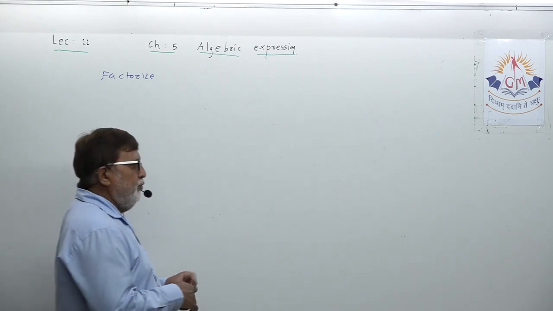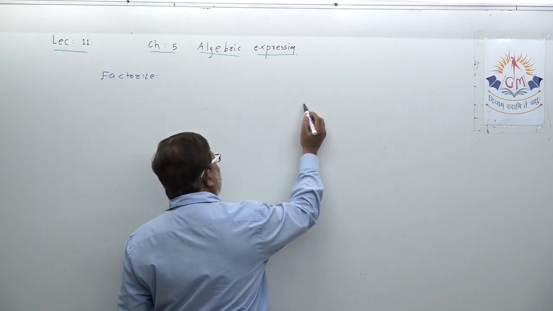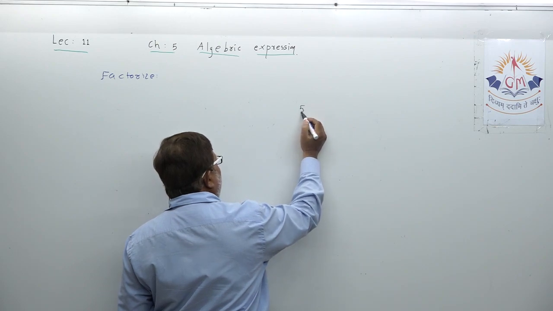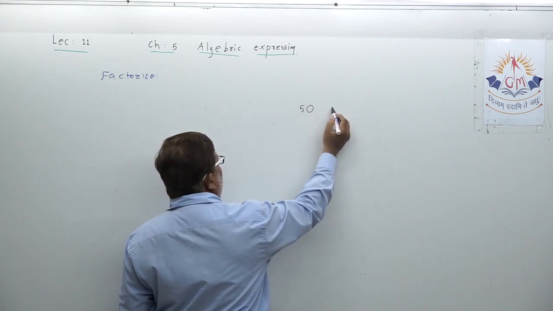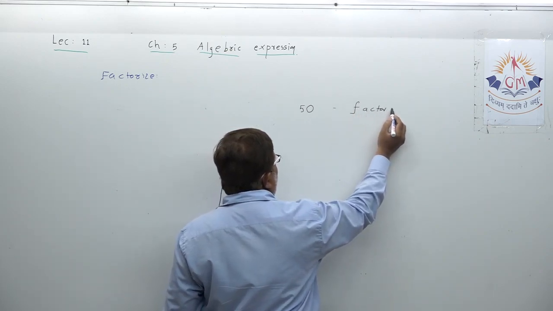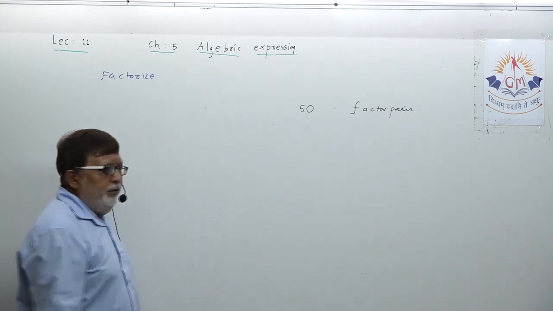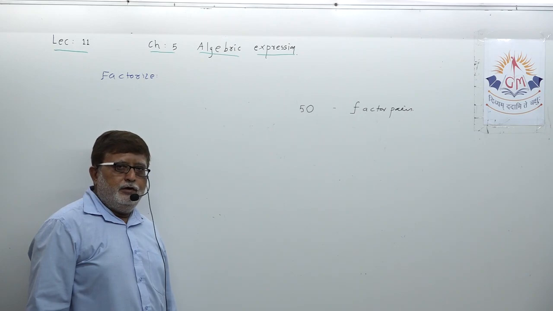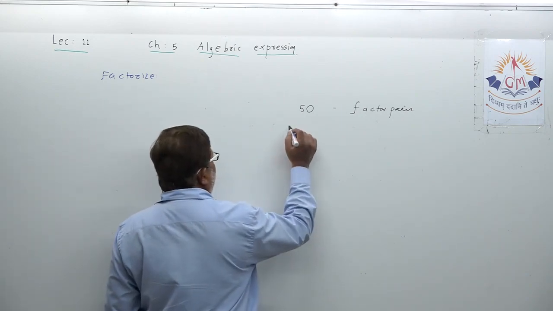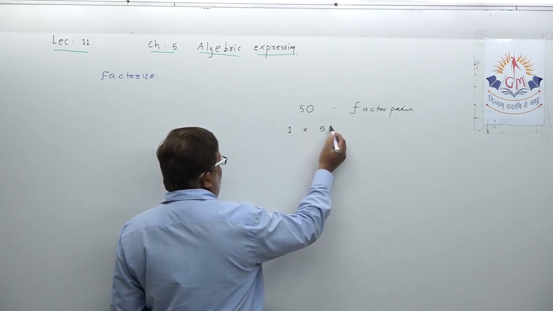Suppose, dear student, I ask you to list out the factor pairs of 50, meaning two numbers whose multiplication gives 50. I may write 1 into 50, why not?